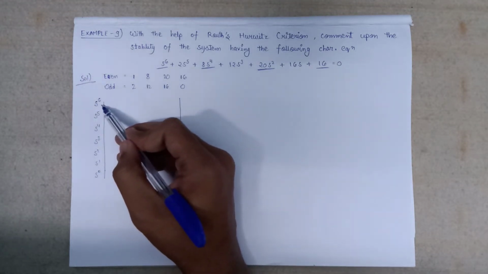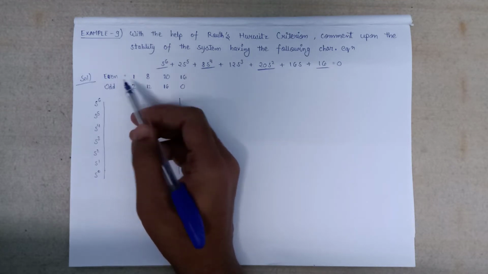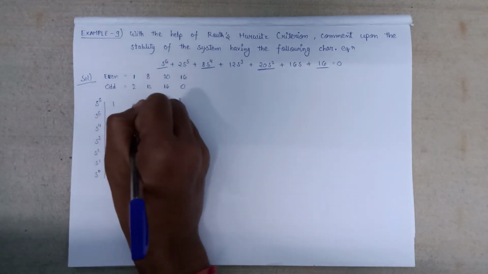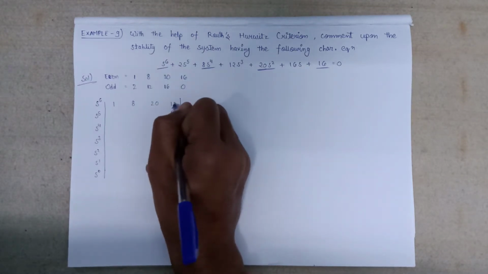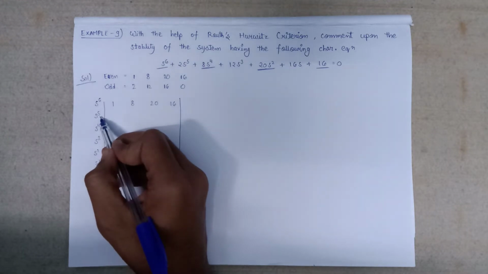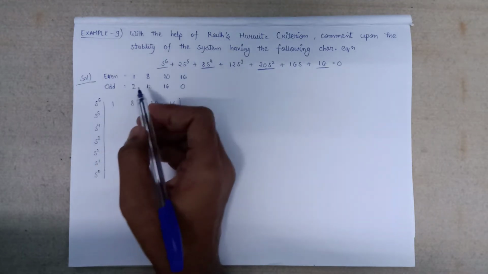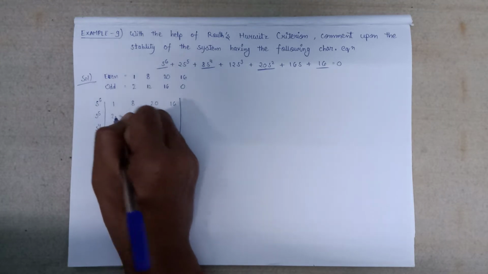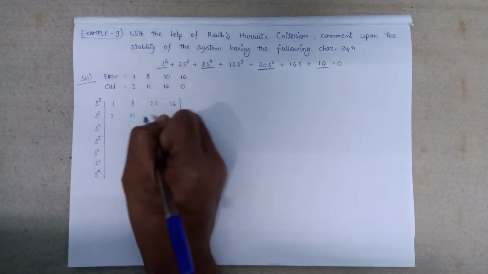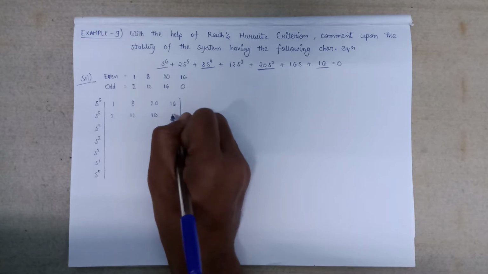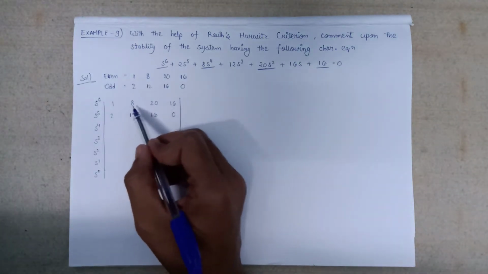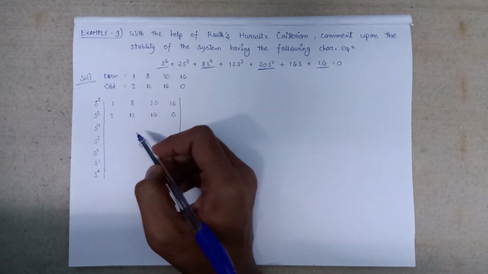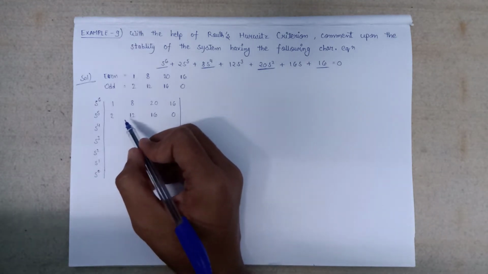Since the highest power of s is even, we first write the even coefficients: 1, 8, 20 and 16. Now s to the power 5 is odd, so we write the odd coefficients: 2, 12, 16 and finally 0. Later we will fill all the entries of this Routh array by doing the cross multiplication.